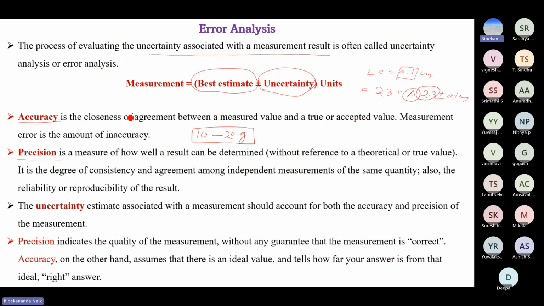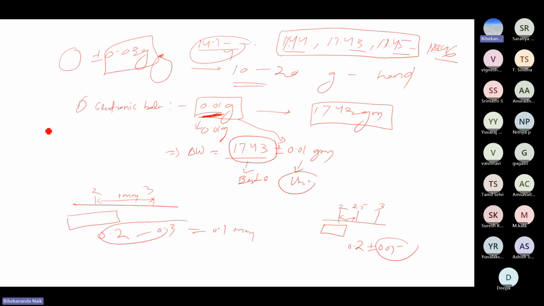Accuracy is the closeness of agreement between a measured value and a true or accepted value. So here we can't identify whether the measurement is accurate or not, because in order to have an accurate measurement, we need to know the actual weight of the ring. Accuracy is always compared with the known or true value.